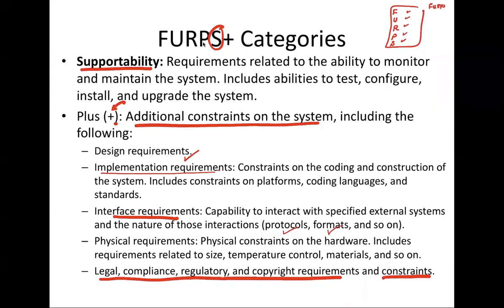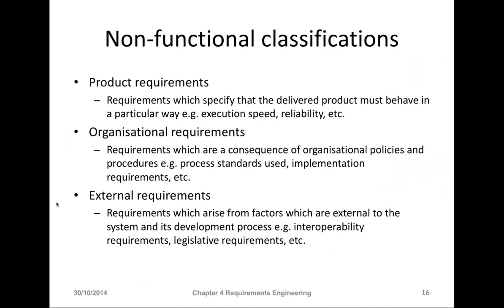So after you categorize and classify the set of non-functional requirements into the standard 5 and any additional requirements, you might be surprised that it ends up with 3 classifications: either requirements related to the product, or organization requirements, or what we just call external requirements.